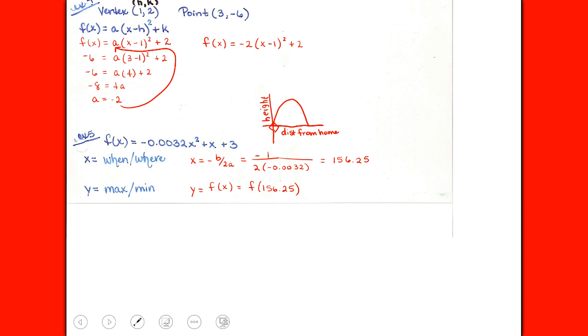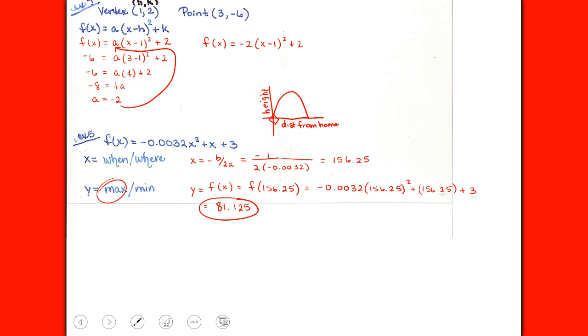So let's plug that x value, 156.25, into the function to find y. And again, I'm going to throw that into my calculator. I'm not doing that by hand. But when I throw that into my calculator, I'll get 81.125. And that is my height. That's what they're looking for as my answer.